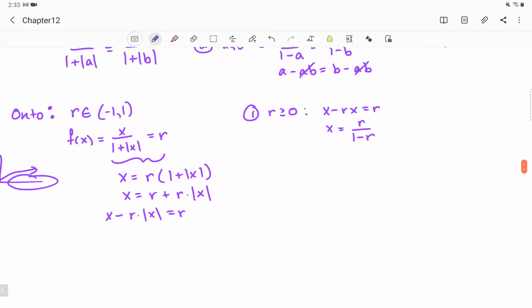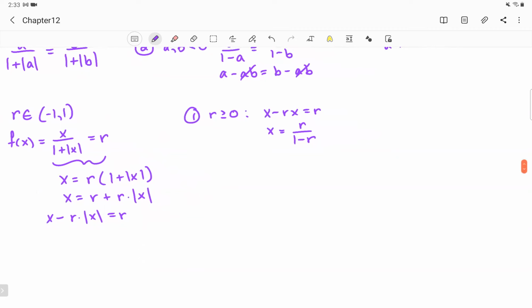So what I'm claiming is if I plug that into my function when r is not negative, I do get out r. Let's see. f of r over 1 minus r will be r over 1 minus r, over 1 plus absolute value of r over 1 minus r.